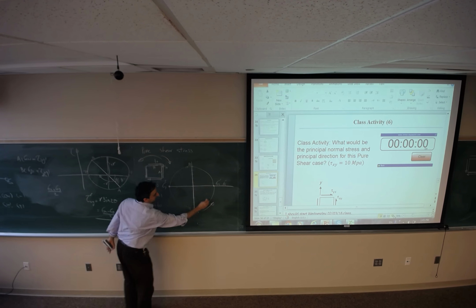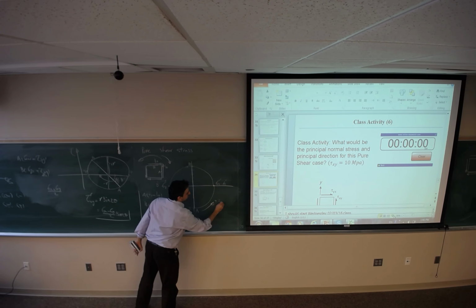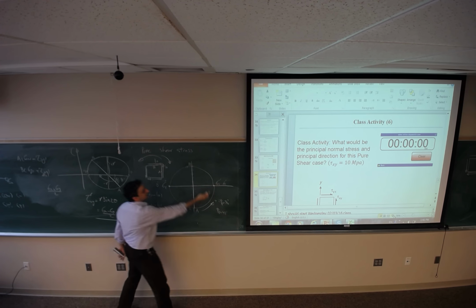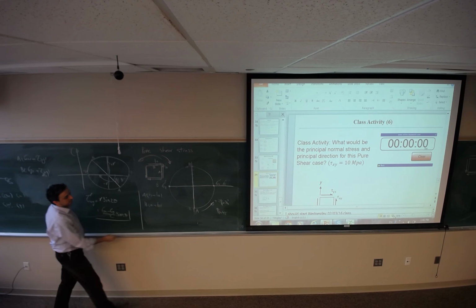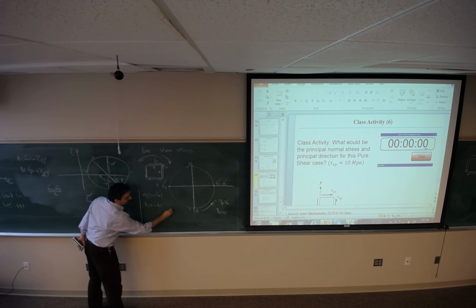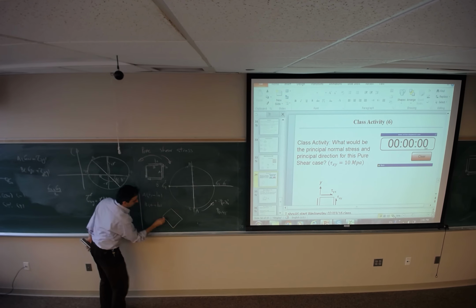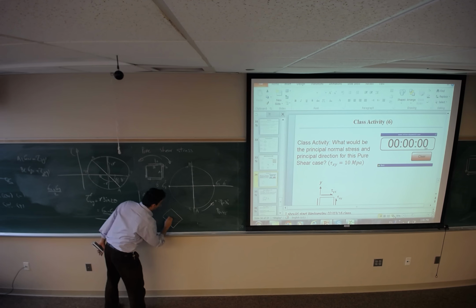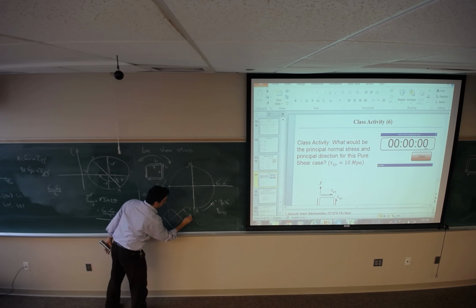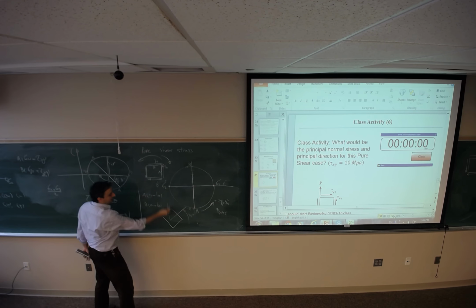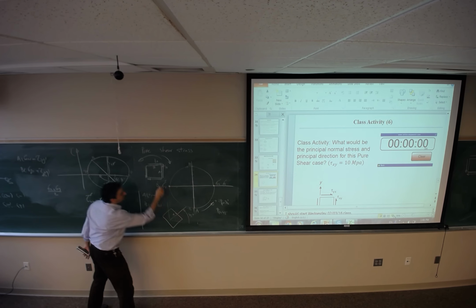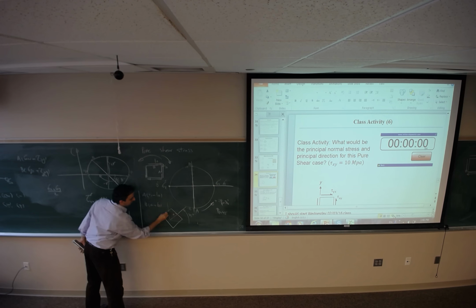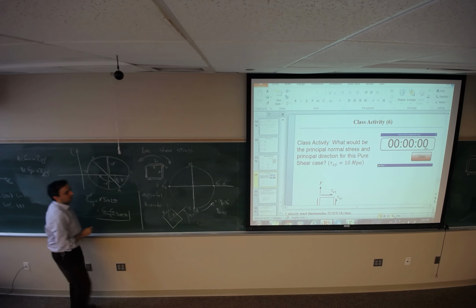What would be the angle? Positive 2 phi is 90 degrees. So phi is going to be 45 degrees positive because we rotated counterclockwise. So if I rotate this by the angle of 45, point A is going to be here, and point B is going to be on this line.